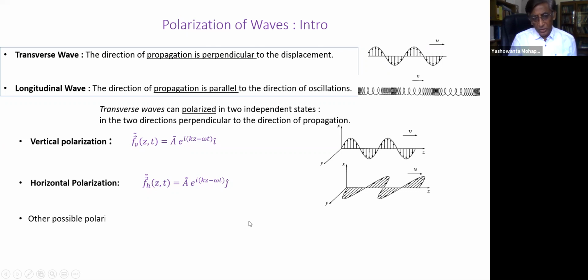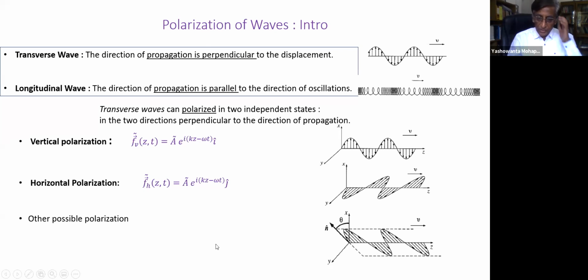There could, in general, be a possible polarization in which, for example, the polarization direction is n hat, which is, let's say, theta with respect to x. The wave travels in this direction, but the polarization is in some arbitrary direction, which is still perpendicular.